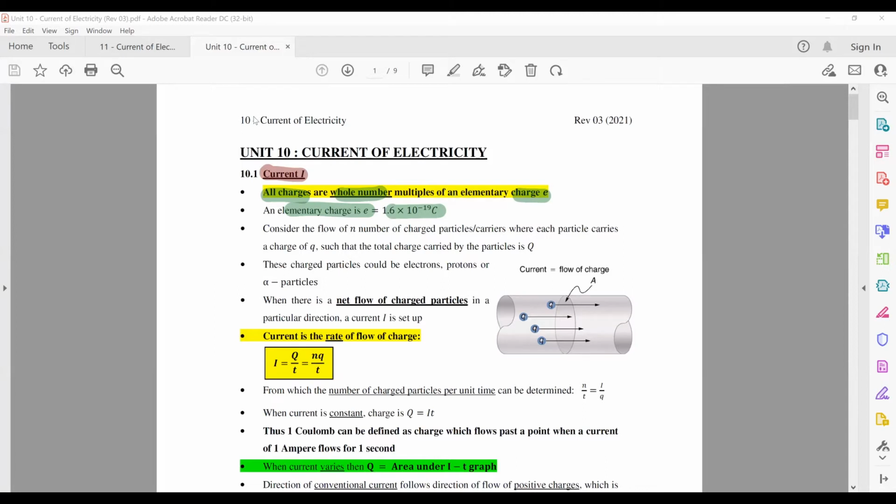What it means is something like this. Your charge could be, say, 1.6 times 10 power minus 19, or 3.2 times 10 power minus 19, or 4.8 times 10 power minus 19. You see, in terms of the elementary charge e, this one is e, this one is 2e, and then this one is 3e.